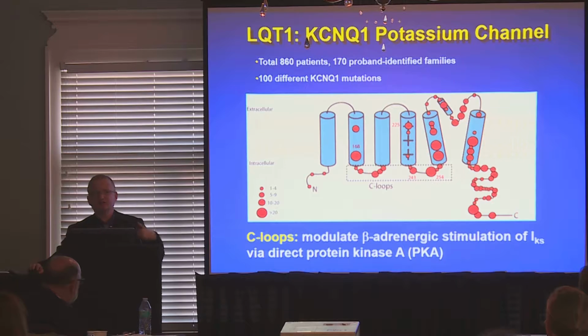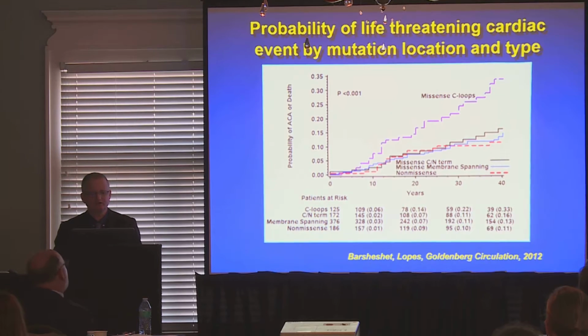That's the reason genetic testing is even further important. And those C loops are very sensitive to sympathetic activity and adrenaline. That's the reason patients who have mutations in the C loop region are even more protected with beta blockers as compared to other patients. So there's genotype and mutation-specific therapy in this entity.